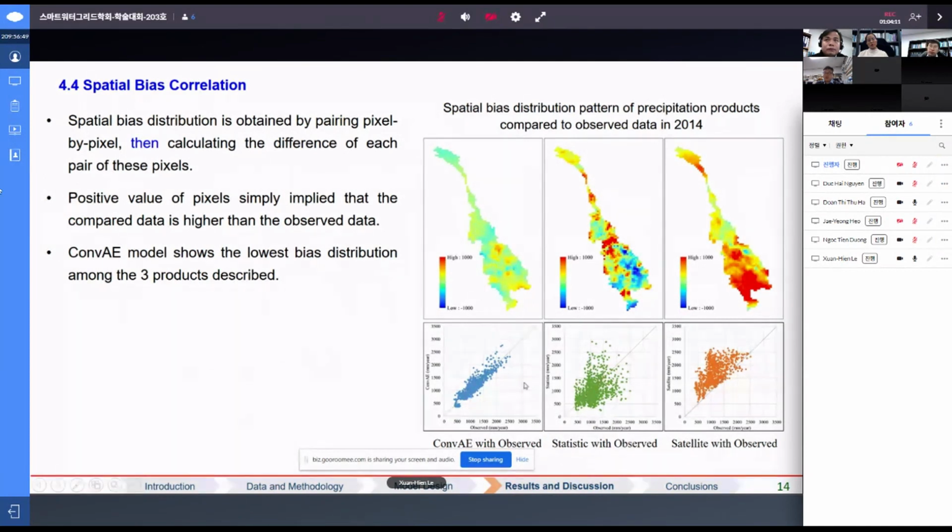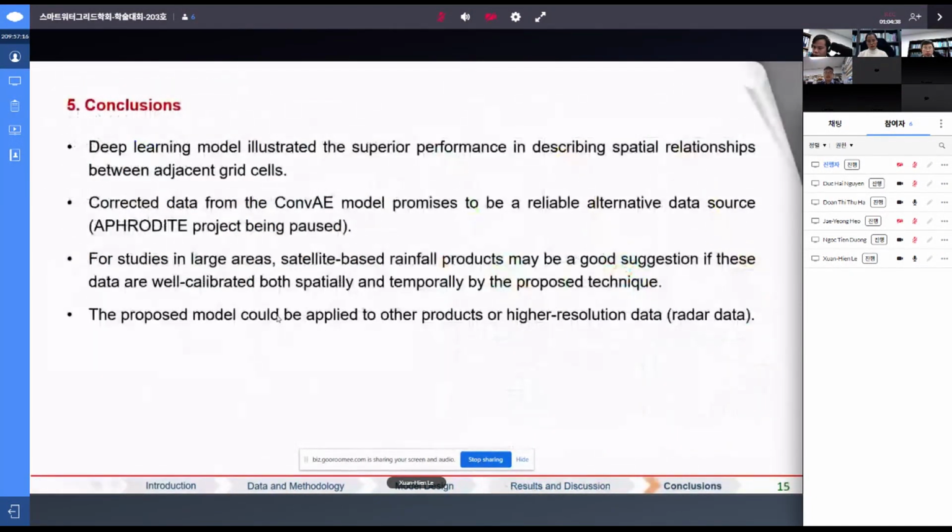We can see in this figure the scatter plot comparing the deep learning model, statistical method, and satellite data with the observed data. The deep learning model of convolutional autoencoder shows the best performance, and it also shows the lowest bias among the products.